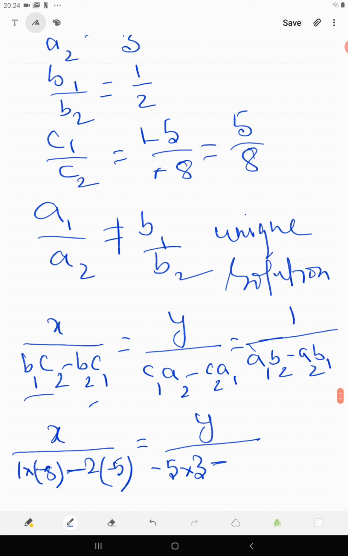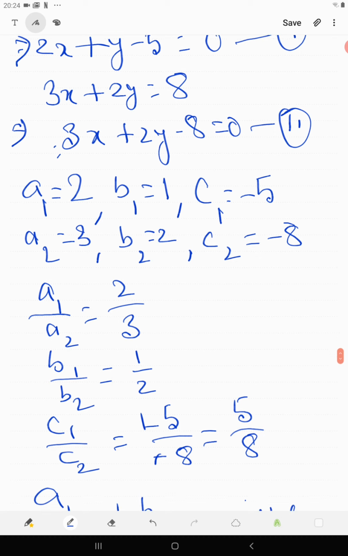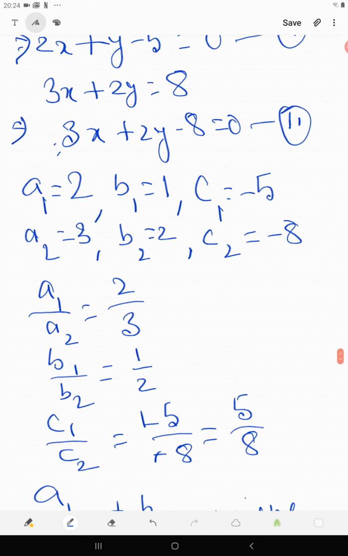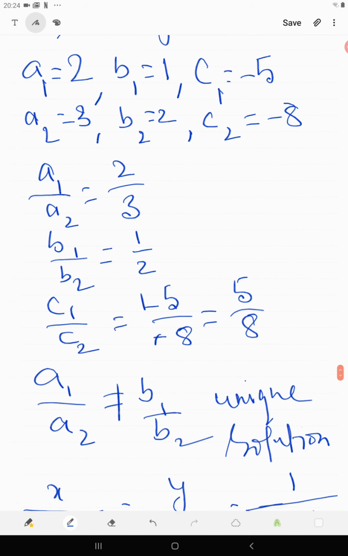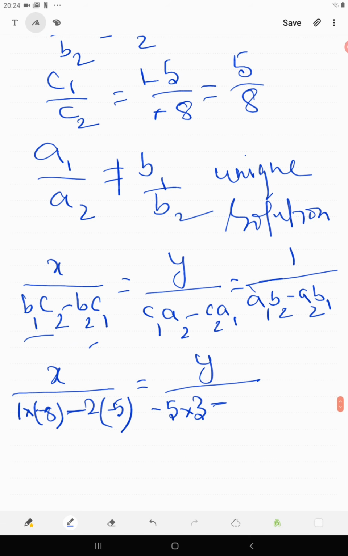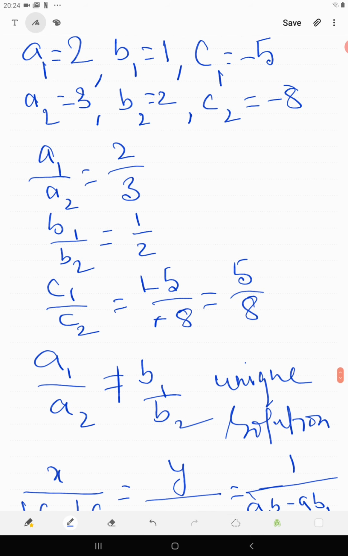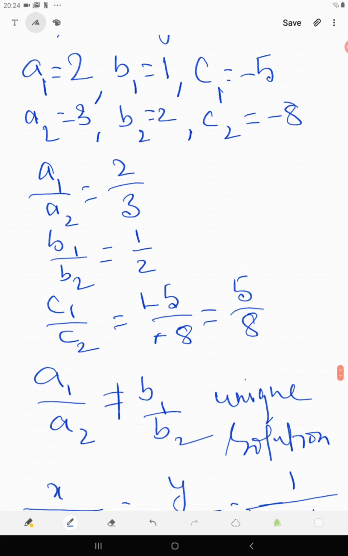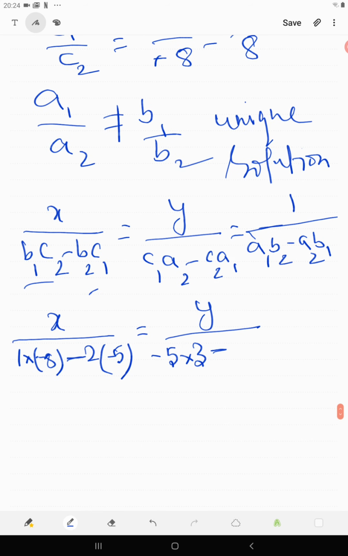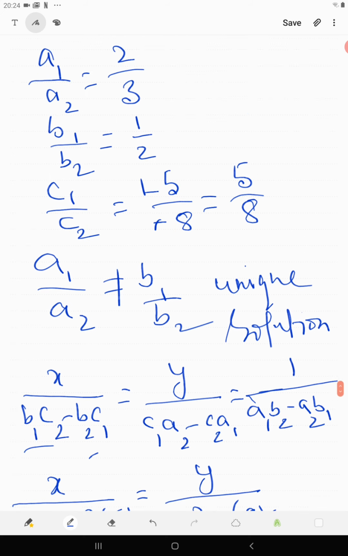So minus 5 into 3 minus... one second, I think the problem is correct, or am I doing it wrong? Yeah, it is correct. So minus 5 into 3 minus C2 into A1. So what is C2? Minus of 8 into A1, which is 2. So minus of minus 8 into, what is A1?